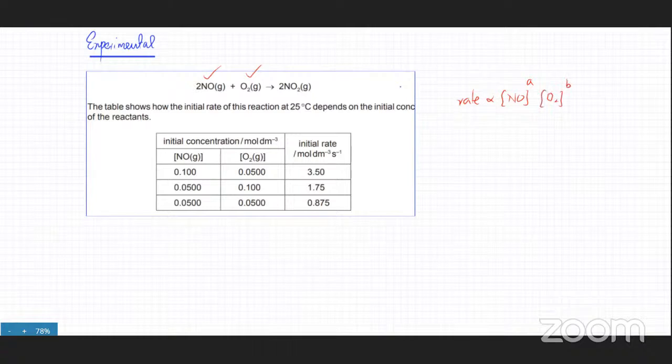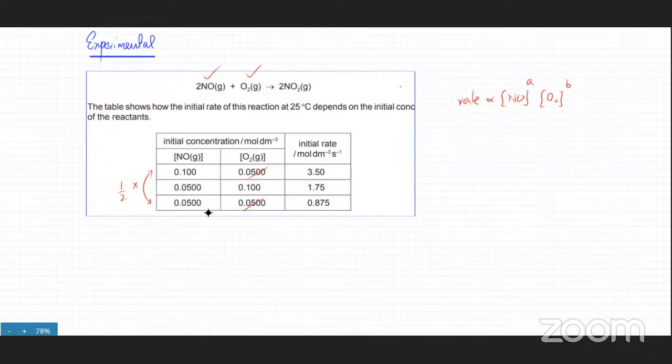So we're trying to find A and B. You try to find two experiments where the concentration of one reactant is constant, like experiments 1 and 3, where O2 concentration is constant, so that is not a factor. What's happening to the concentration of NO? It's becoming half, going from 0.1 to 0.05.